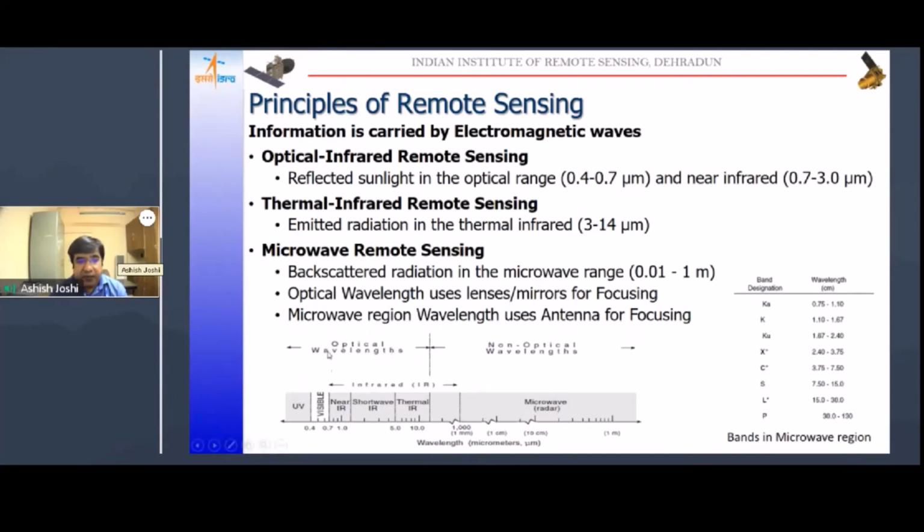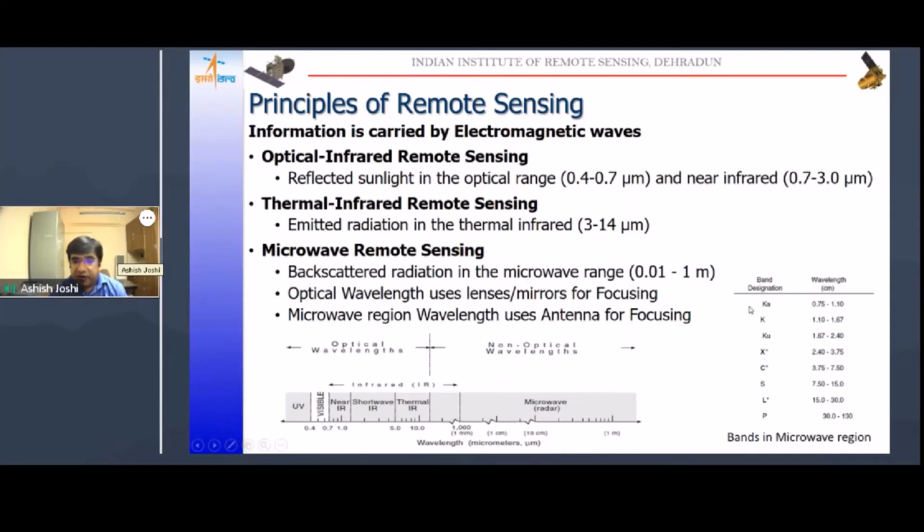Because in optical wavelengths, we use lenses and mirrors for focusing any image. But in the microwave region, we consider the radar to focus the image. So basically in all satellites, these three types of remote sensing we will do.